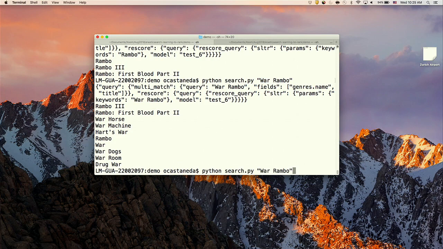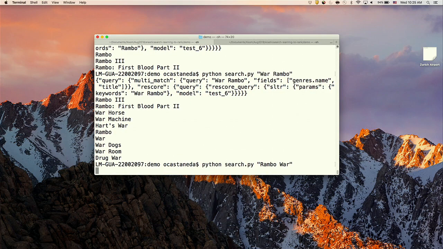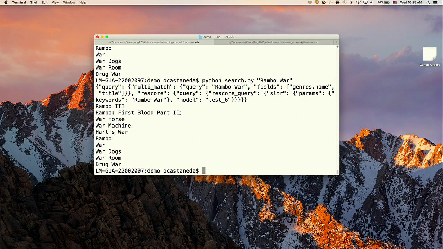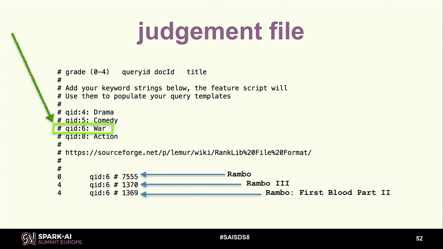Same happens if we issue a query for Rambo War. I think we get the same ordering. So I think, at dataset processing time, we could already start extracting these relevance judgments and using them to bootstrap and influence the ordering or ranking of datasets as they're being processed.